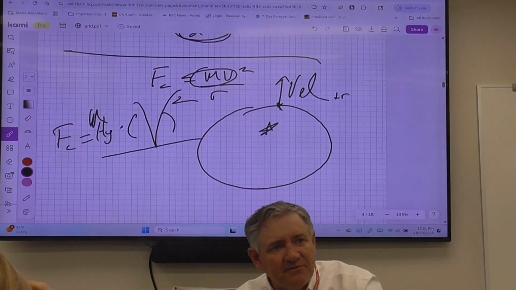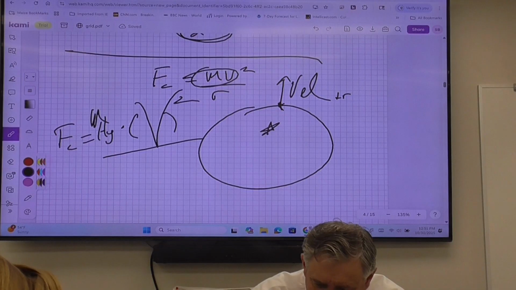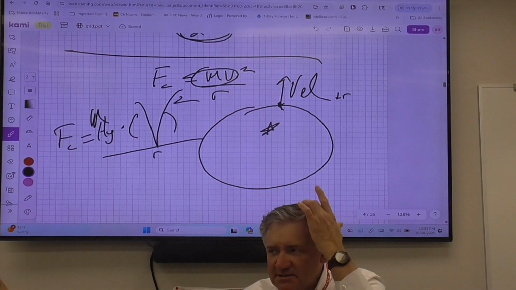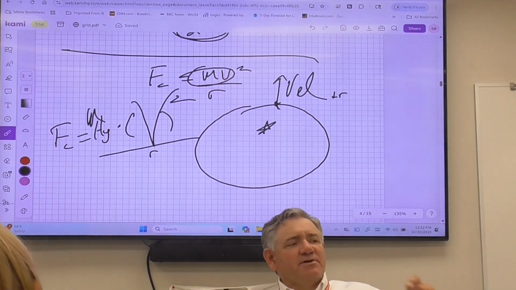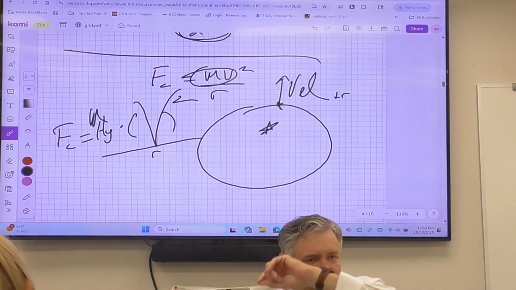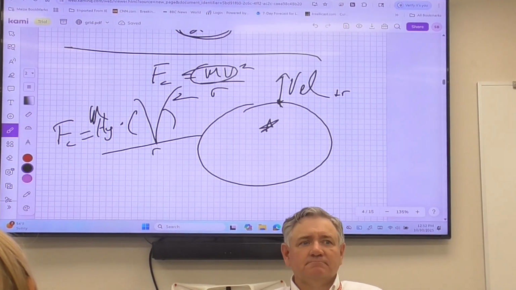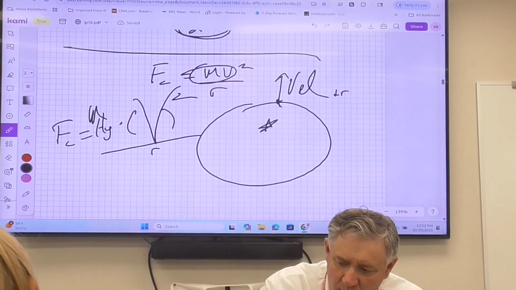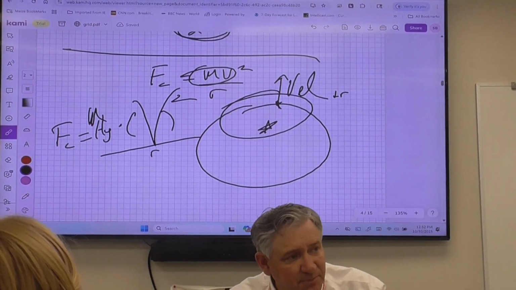But then you're going to divide by the radius, a smaller radius. So what's going to happen to the centripetal force needed for Mercury in orbit when it's getting closest to the Sun? Big, small? Big. So when Mercury is closest, that requires more centripetal force.